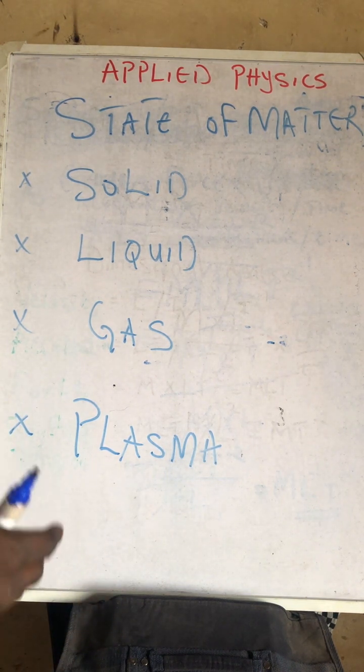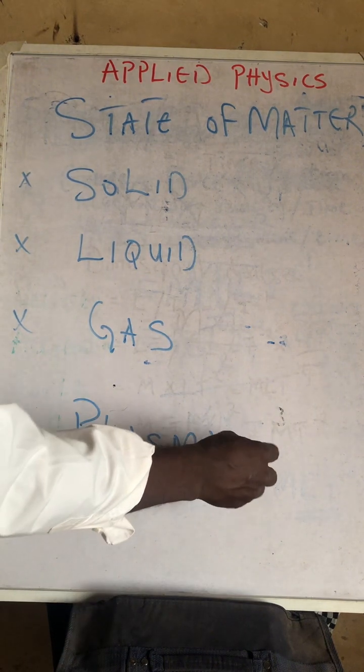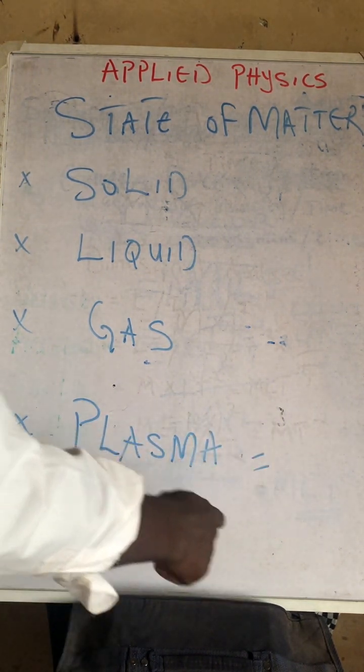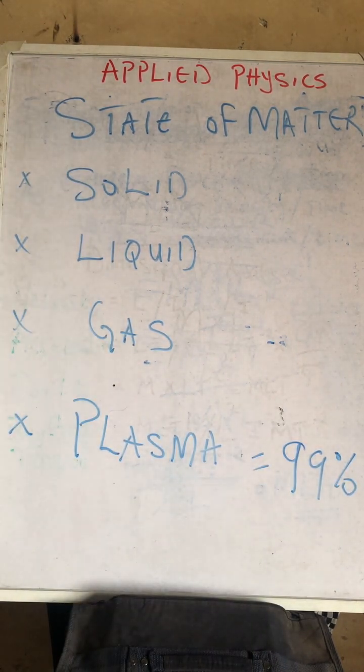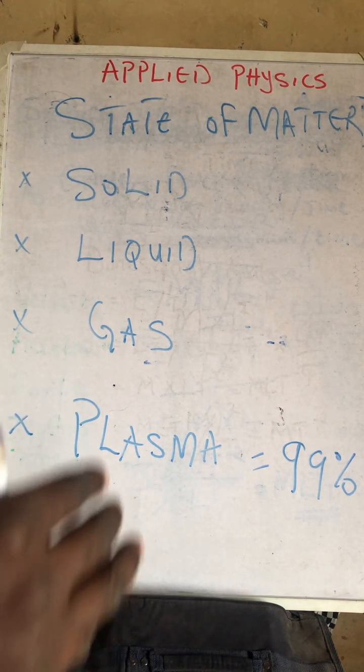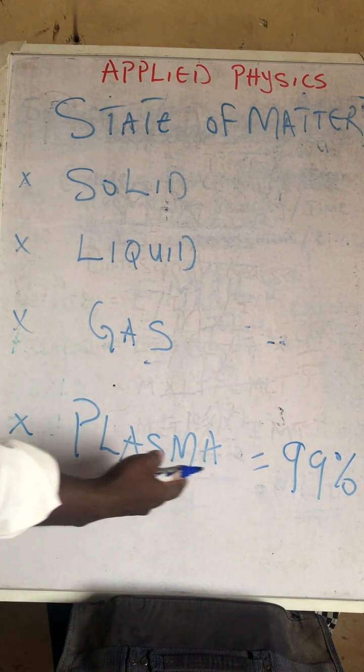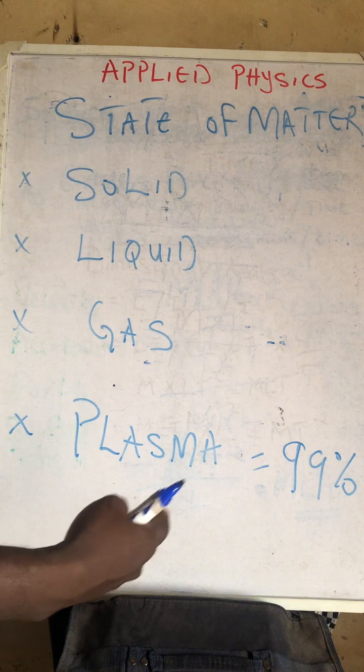And now in the universe, this plasma state of matter, matter exists in this state about 99%. Because all the stars in the galaxy, including the sun, exist in this state of matter, which is called plasma.